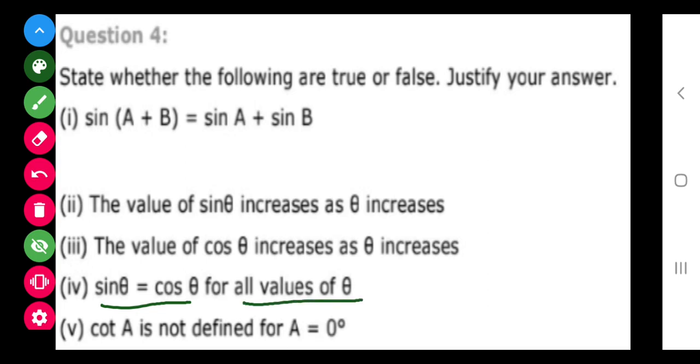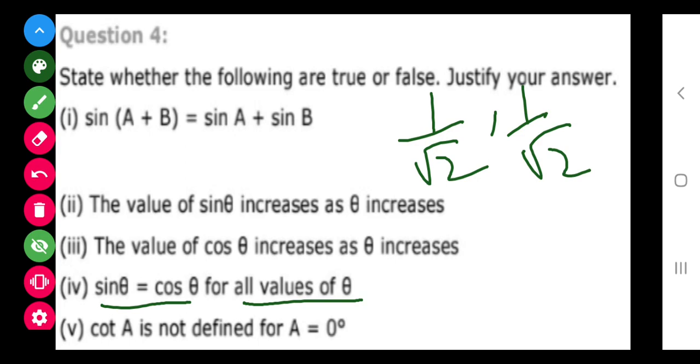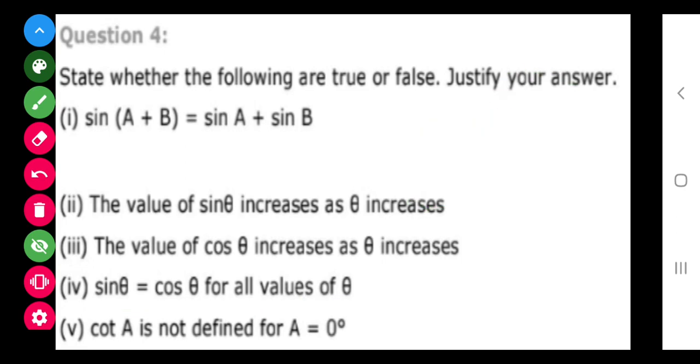No, it is only equal for 45. At 45 both are 1 upon root 2, but in the rest of the values they are all different. Sin 0 is 0, cos 0 is 1, cos 90 is 0, sin 90 is 1. So all are different, only cos 45 and sin 45 are both 1 upon root 2. So this is also wrong.